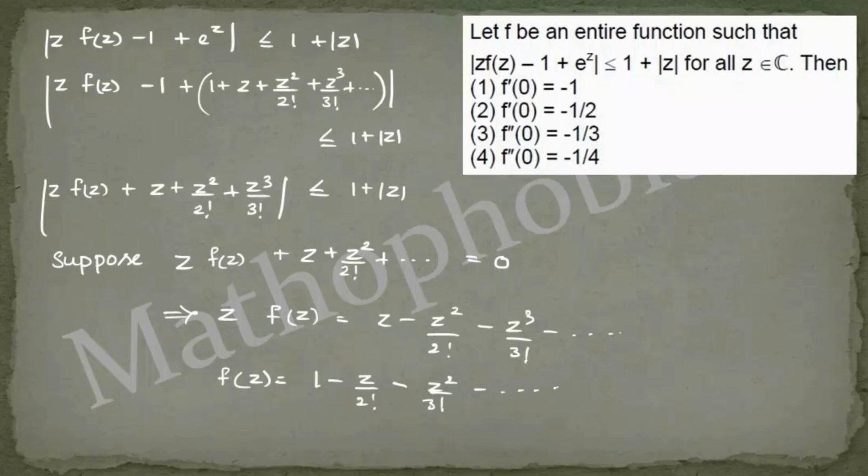So we have got the value of f of z. Next f dash of z will be equal to minus 1 by 2 factorial minus 2z by 3 factorial minus etc., it goes on.